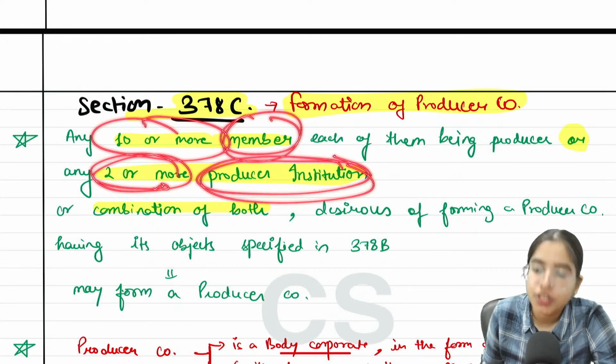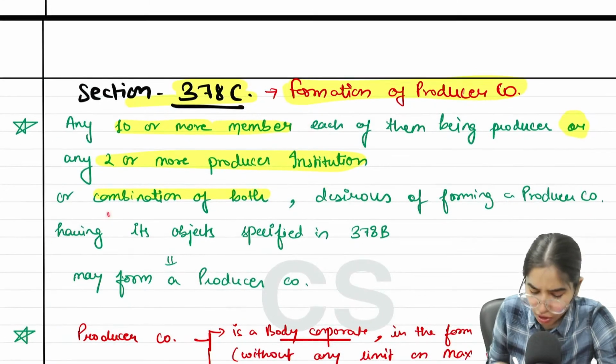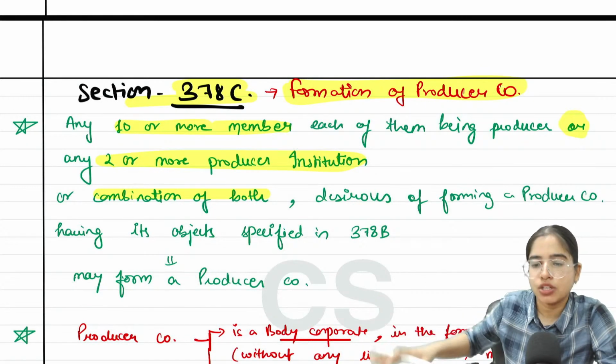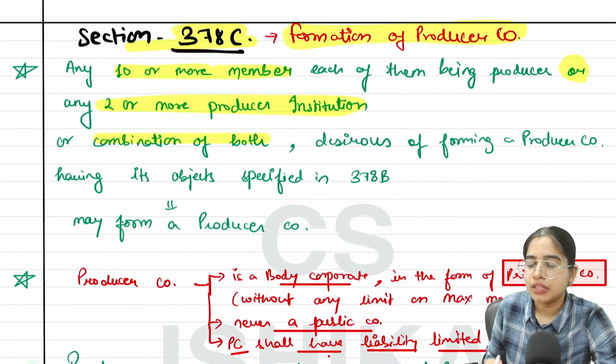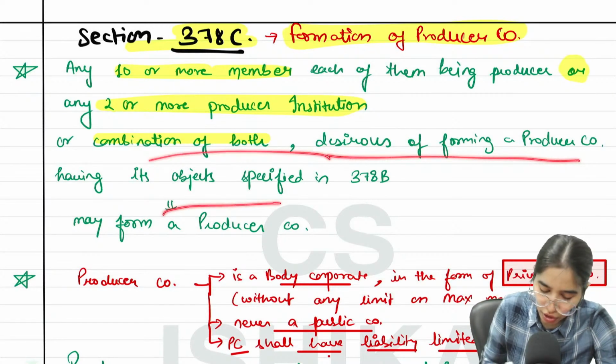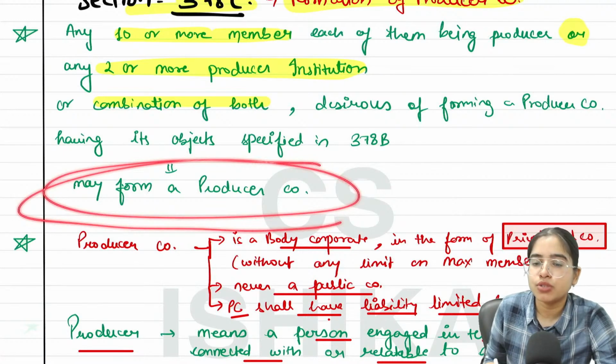However, if producer institutions are forming one, then there should be minimum 2 or more members, or a combination of both. Combination of both means there are 10 members and 2 producer institutions. This can also happen, and they are desirous of forming a producer company for its objects specified in 378B. They may form a producer company.